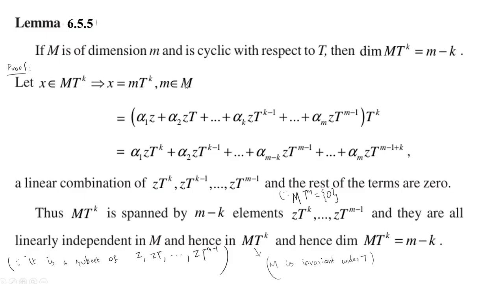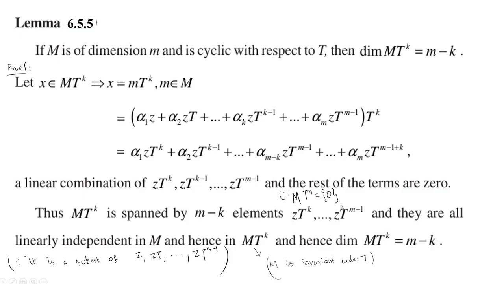Where is the small m? It is there in capital M, which has z, z T and so on, z T^(m-1) as basis elements. This m can be uniquely written as a linear combination of the basis elements like this. And when we apply T^k, because T is a linear transformation, this can be done. This is what we have.